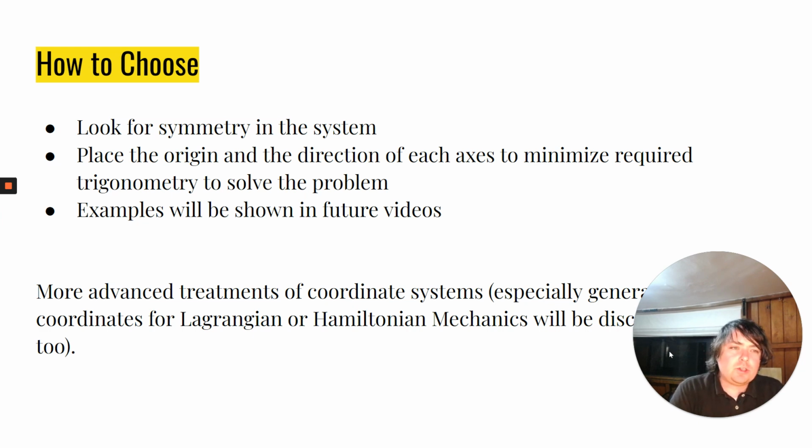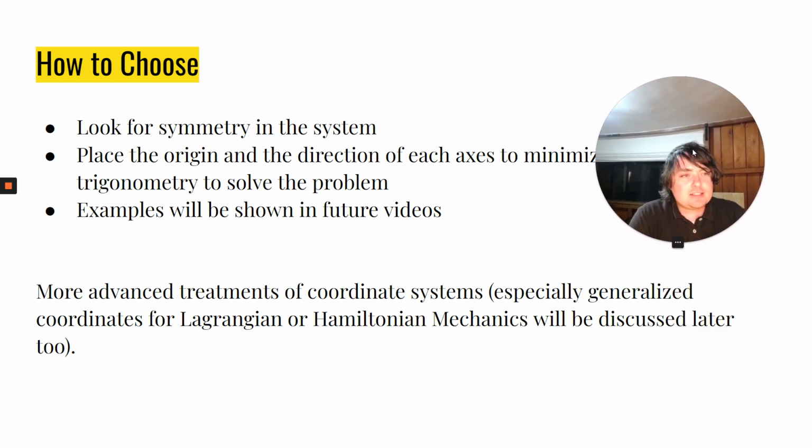And then also you want to place the origin and the direction of each axis of the coordinate system, once again to minimize required trigonometry to solve the problem. And this will be very clear in the mechanics lessons, intro mechanics, that I'm going to have in future videos.